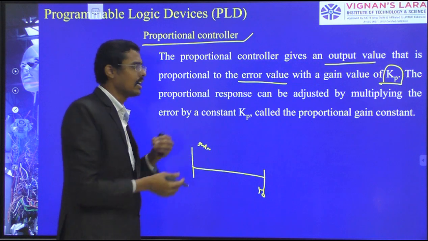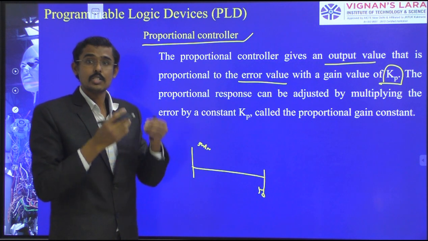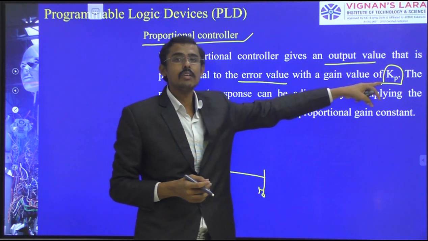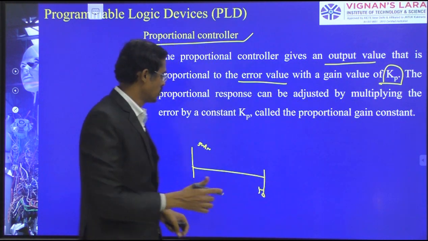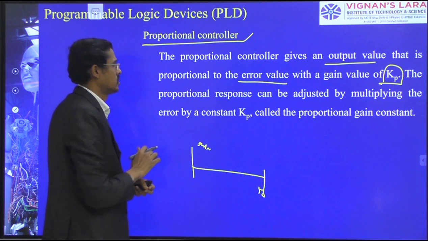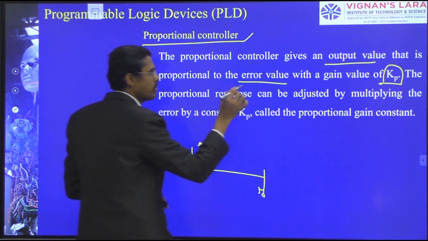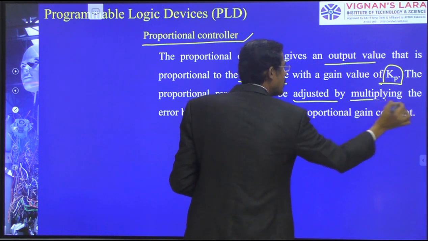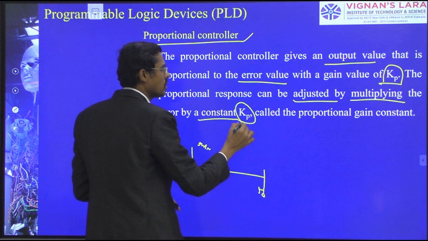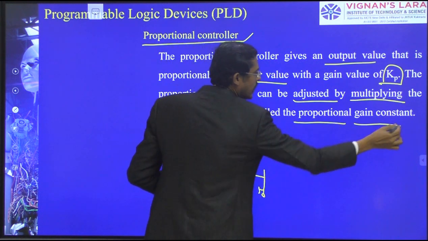So that is the idea. I am making the speed a constant and giving a gain multiplier. So 50 meters are there, and I have to add the gain function. The proportional response can be adjusted by multiplying the error by a constant Kp, called the proportional gain constant.